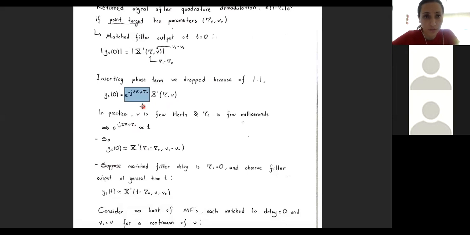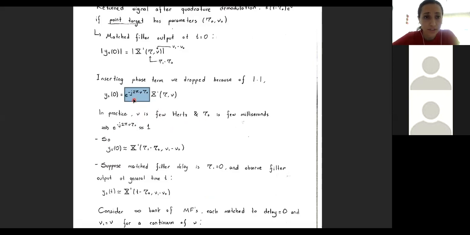Here, the critical thing is, one of you already mentioned this before: v is a very small frequency. It's usually a few hertz. The velocity is already a small value, and here v is the velocity mismatch value, so it's even smaller. Similarly, the delay due to the target, tau zero, is generally a few milliseconds, also something very small.